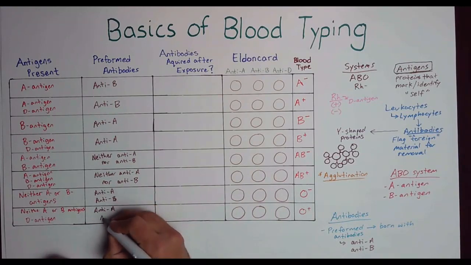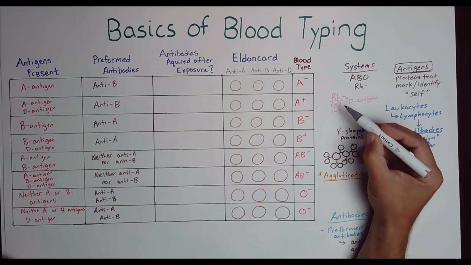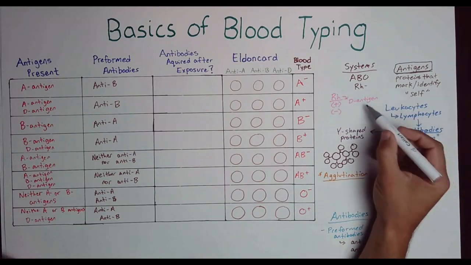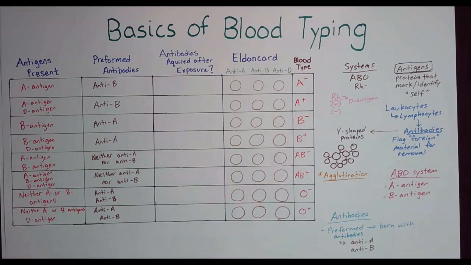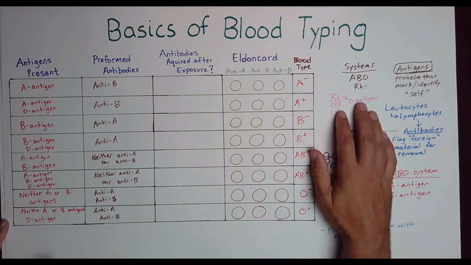Anti-A, anti-B. What makes RH or D antigen unique is that this particular antigen, you're either born with the gene or you're not, and the body responds to it if you're exposed to it. So say, for instance, you don't have the antigen, and then you are exposed to the antigen later in life. Your body is going to freak out, and it's going to start to produce antibodies against it at that point.